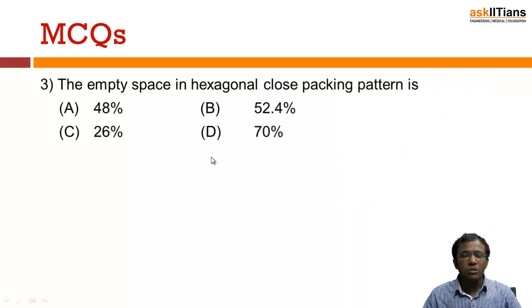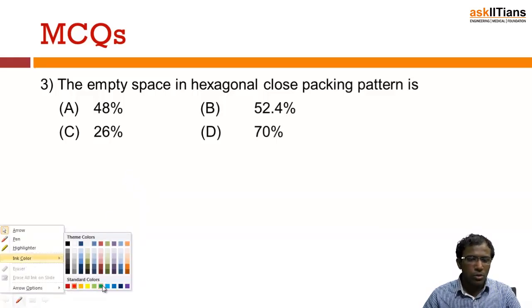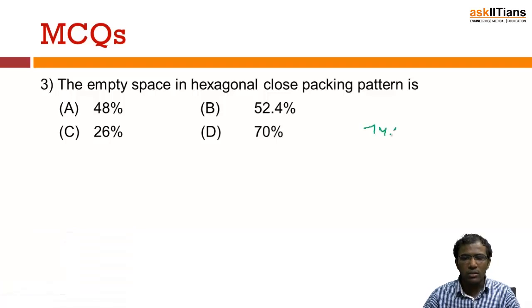The empty space in hexagonal close packing pattern is? HCP has the closest packing of spheres and the highest efficient packing, which leaves only 26% empty space. 74% is occupied, and only 26% of the space is vacant. So the empty space is 26%.